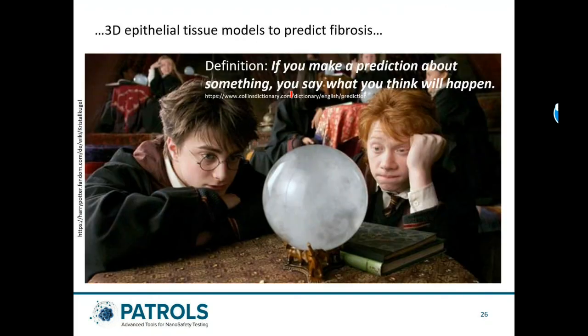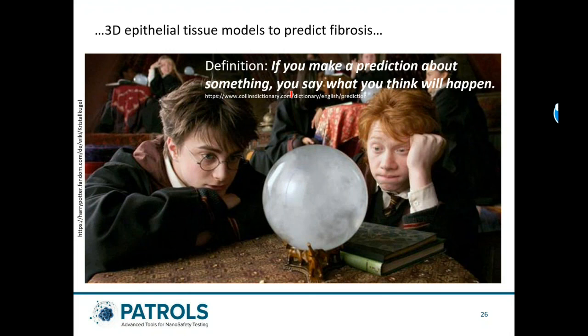So with that, I would like to conclude. We always need to consider that what we try to predict, we think it will happen also in the mouse lung or in human lungs if we use the same materials.